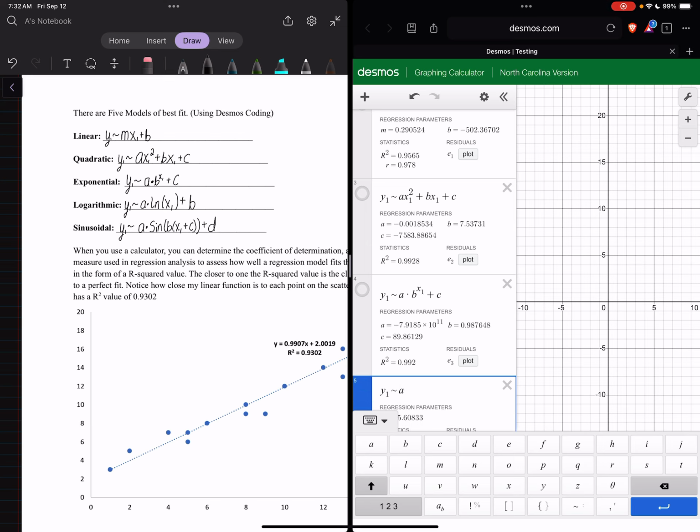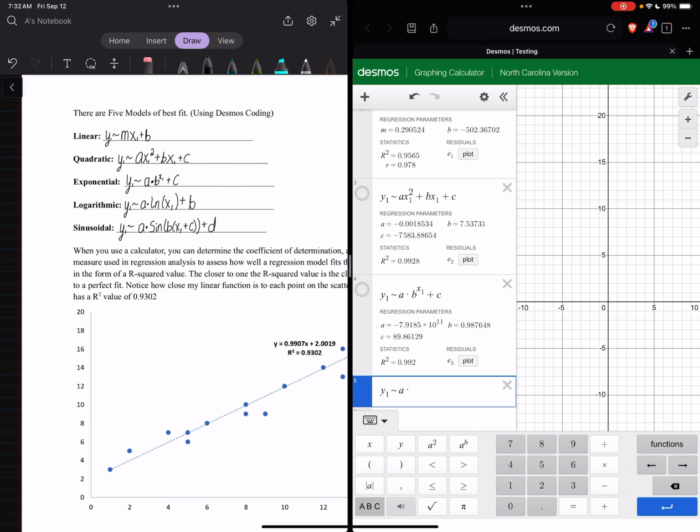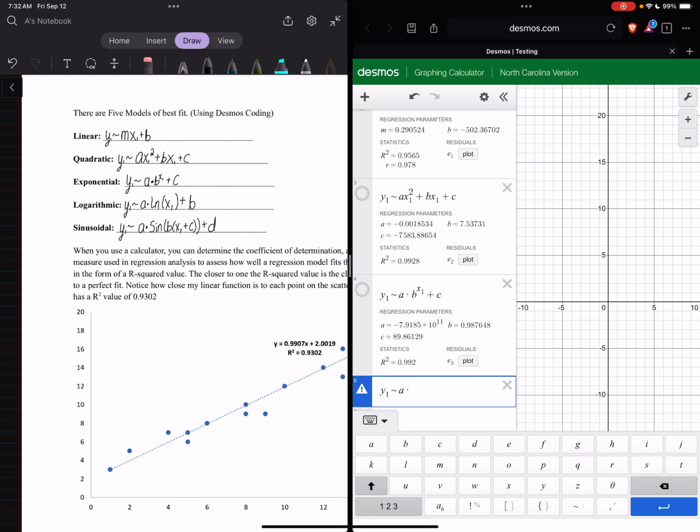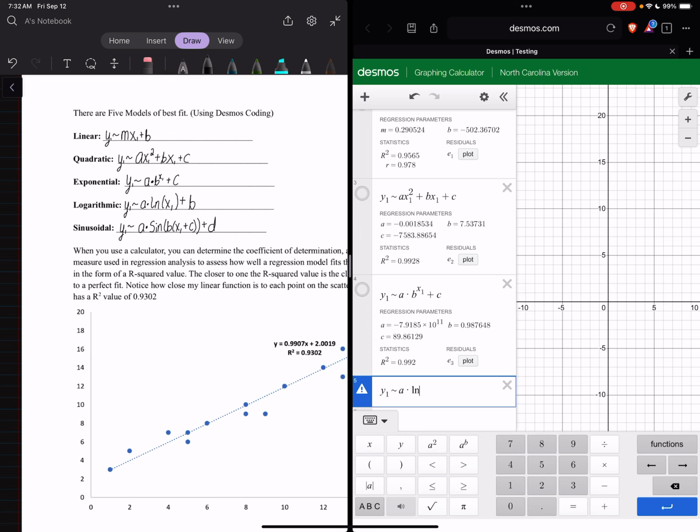Y1 tilde A times the ln, natural log. You can technically put log for log. Truthfully, it doesn't matter. I prefer ln. I'm lazy and don't want to have to type as much as log, so I take off one letter. Anyway, plus b.